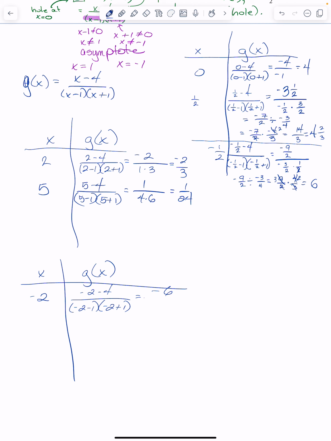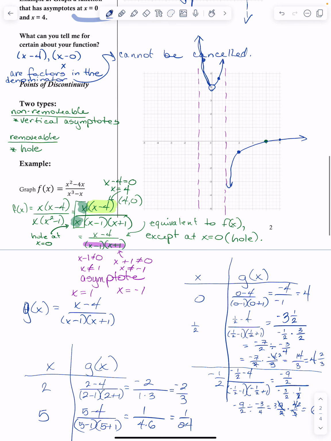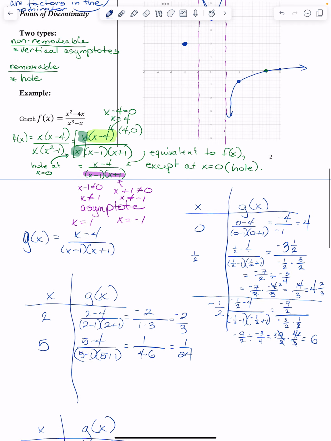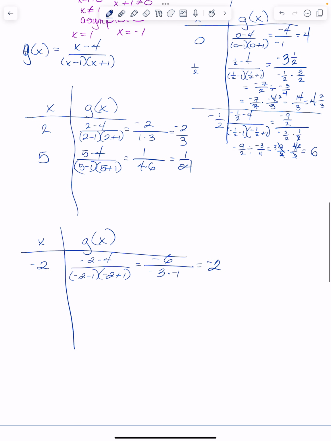So I got a -6 up here. -2 minus 1 is -3. -2 plus 1 is -1. -6 over +3, -2. So at -2, we got a -2. For fun, let's just use -5. See if we can balance the other side.